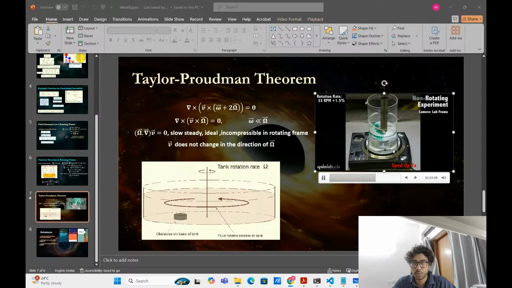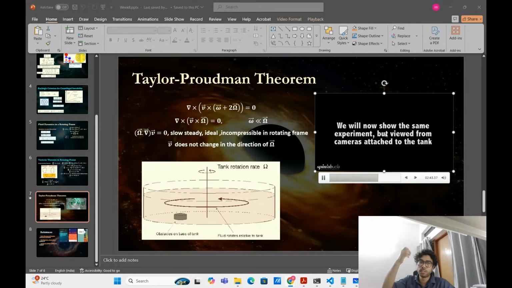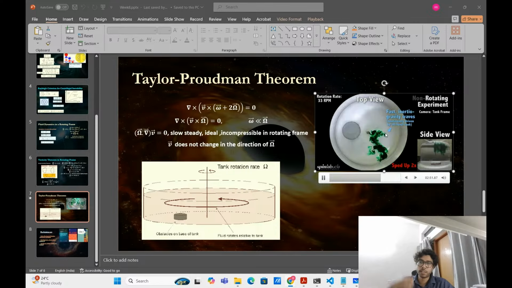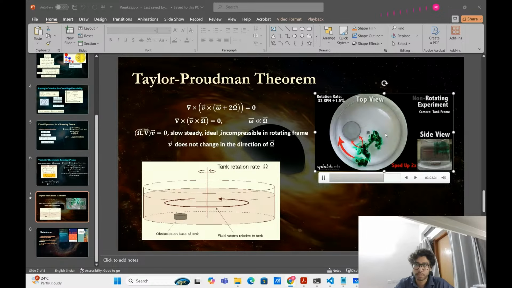So you see that the whole column is basically getting disturbed, right? About the rotation axis, all the parts of the fluid will have the same velocity, and that's why they form these column-like structures, because the velocity cannot change along the rotation axis.